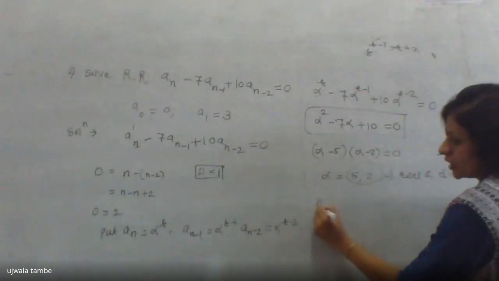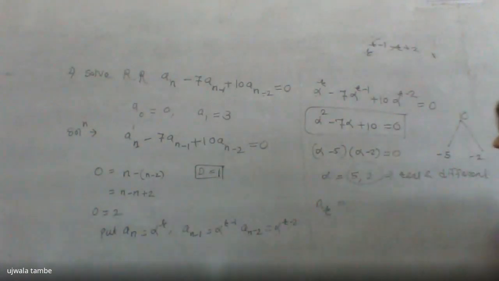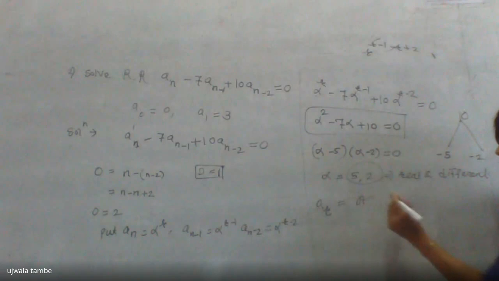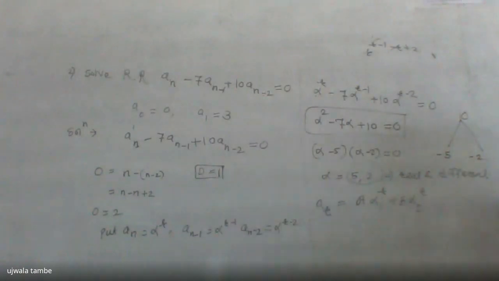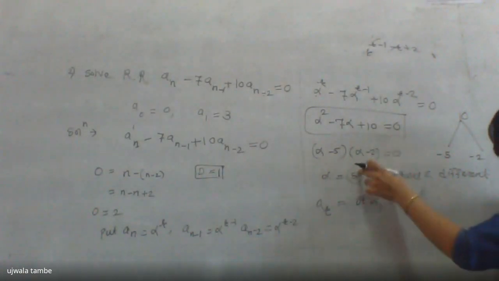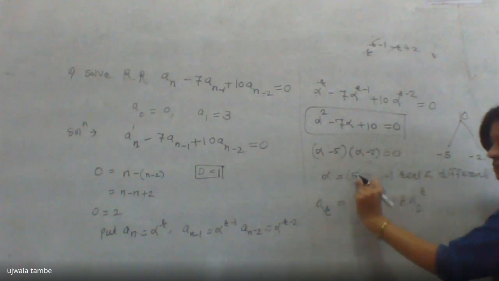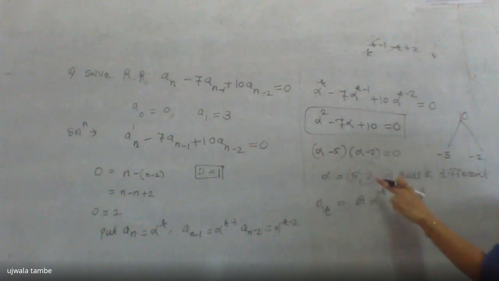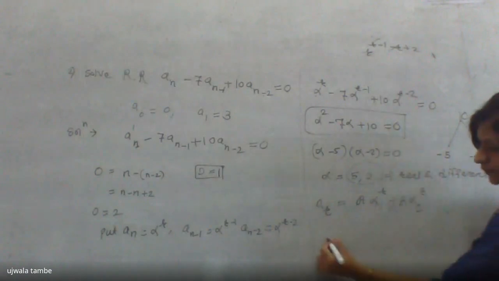Therefore, its solution is a_r is equal to A into alpha 1 raised to r plus B into alpha 2 raised to r. Here alpha 1 and alpha 2 mean the roots of the characteristic equation. The first root is denoted by alpha 1 and the second root by alpha 2.